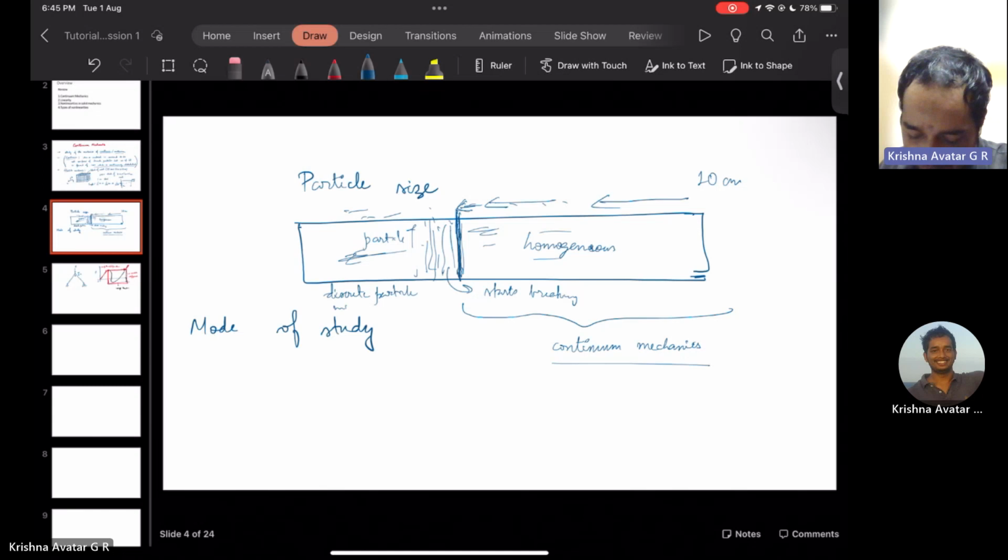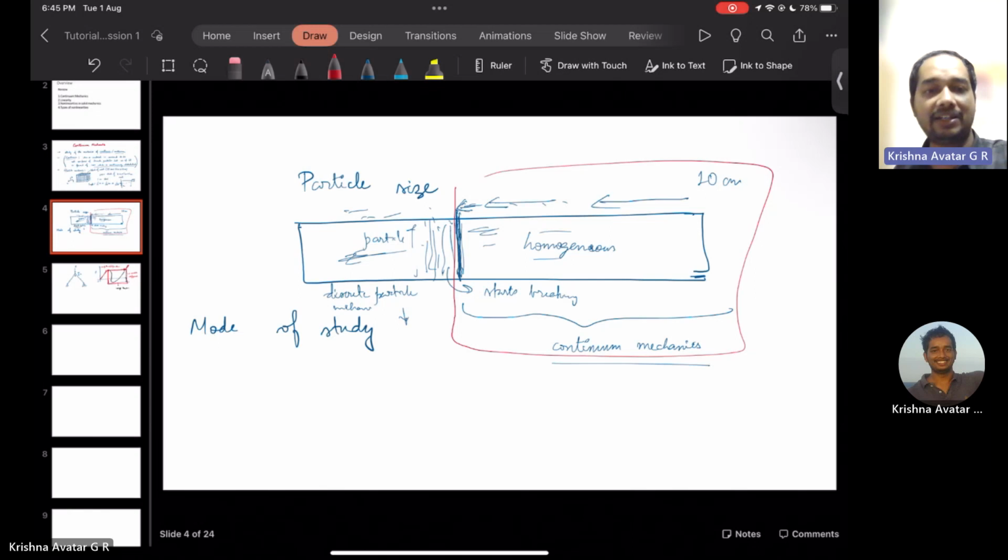They are just discrete particles, and then we are no longer able to use continuum mechanics. For all this, we use atomistic modeling and so on. But our concentration is fully in the domain where the theory of continuum mechanics holds. Now, you'll ask me, what's the basis of continuum mechanics? We have made the fundamental assumption of the material being uniformly distributed, in the sense that there is no void.